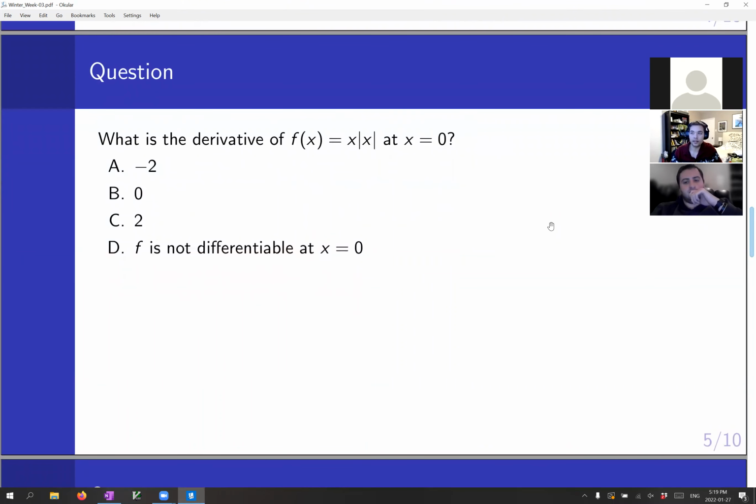Okay. Ooh, I like this one. Let's try that one. And I think actually we graphed this in office hours on Tuesday.